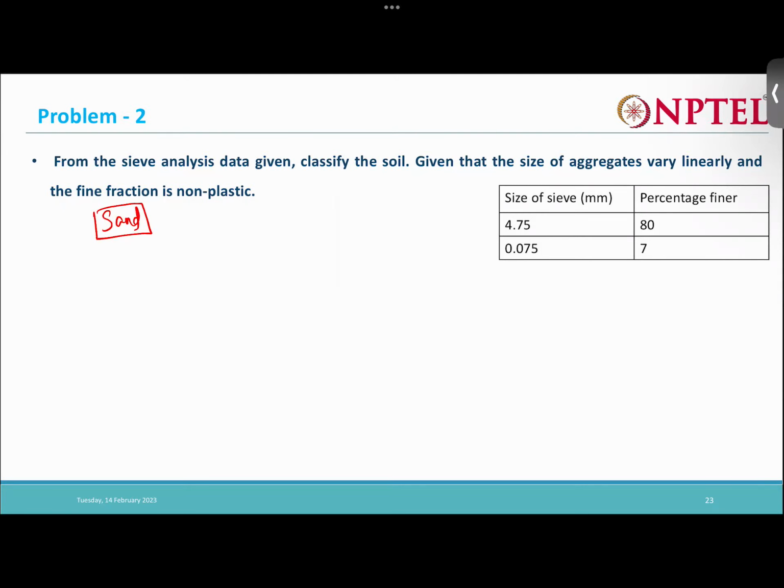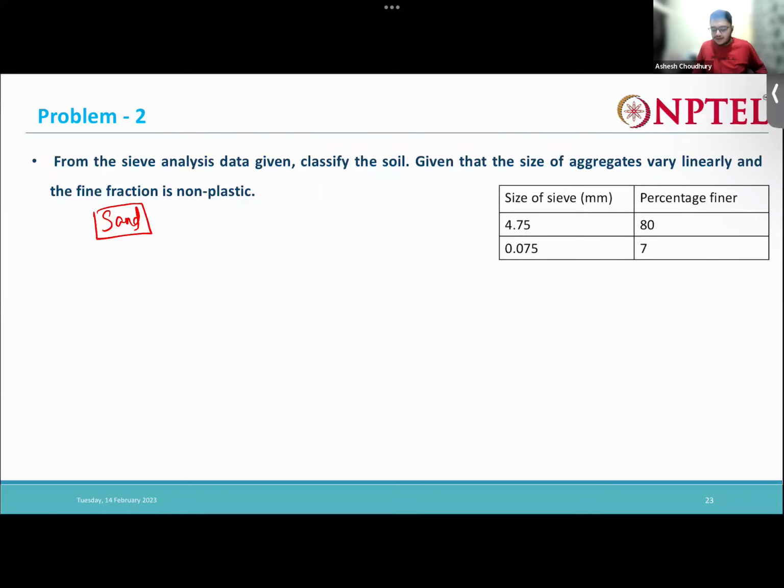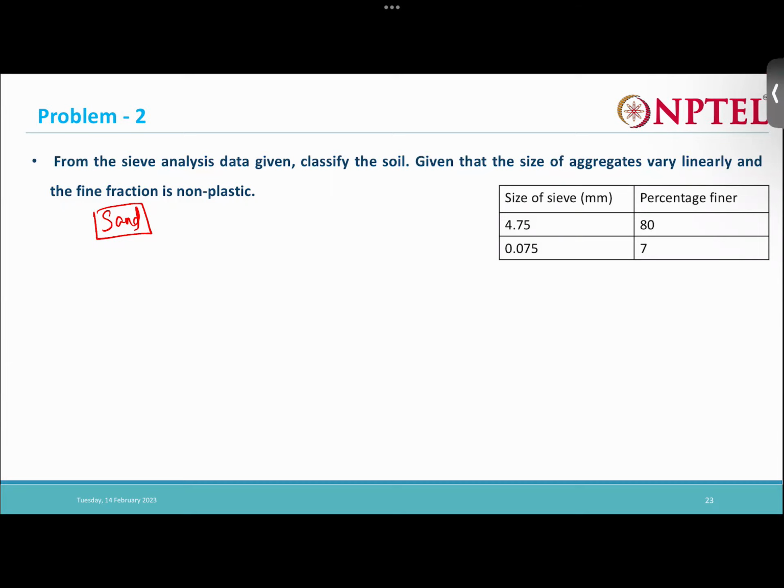Now, one more thing: what is the amount of fine particles in your soil? 7%, right? In our soil, 7% is the amount of fine particles. And 7% is between 5% and 12%.